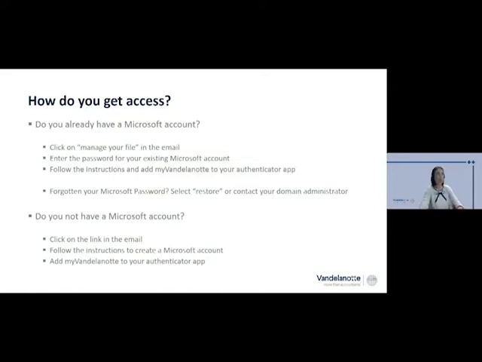And then you can follow the further instructions and add myVandelanotte to your Authenticator app. If you have forgotten your Microsoft password, then you can select to restore, or if you have an email with an own domain extension, then you should contact your IT services or your domain administrator.